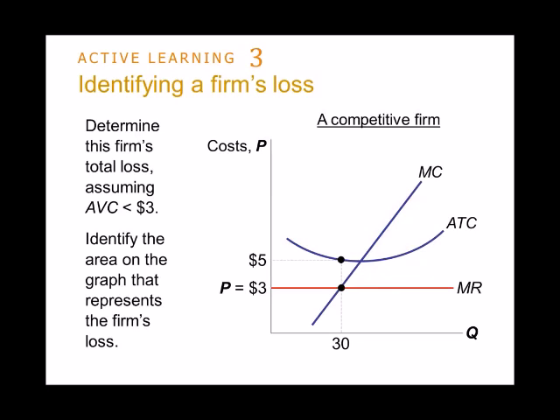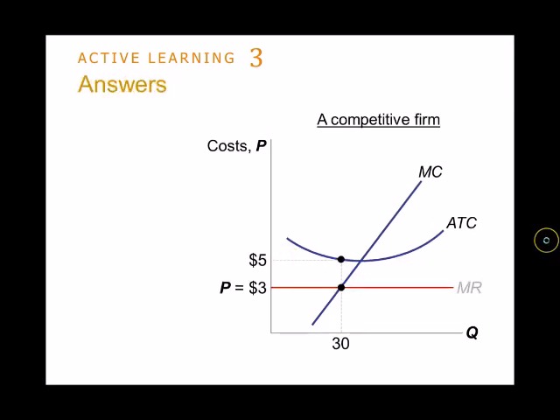What about loss? If there's a loss, first we find out at what point MR equals MC. Well, MR equals MC at quantity equals 30. At that point, what is the cost per unit of production? It's 5. So if we look at that, there's a loss being earned. The loss is $2 per unit.